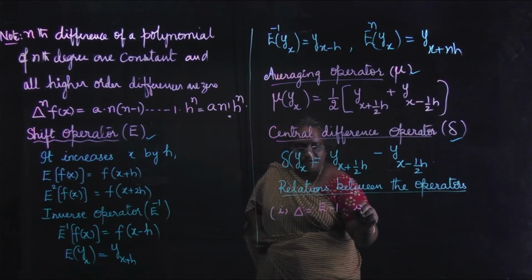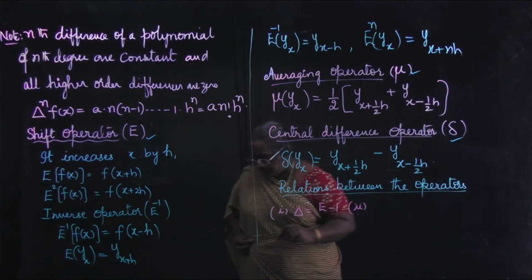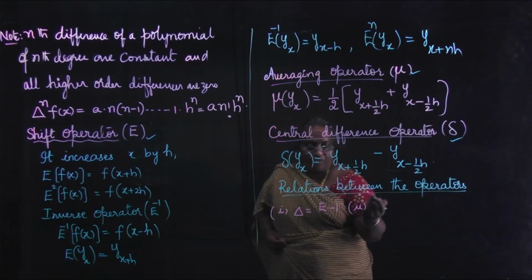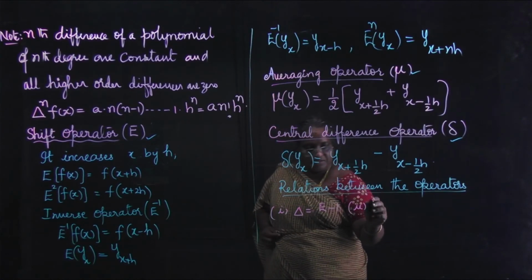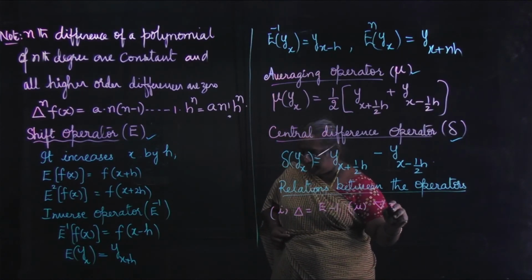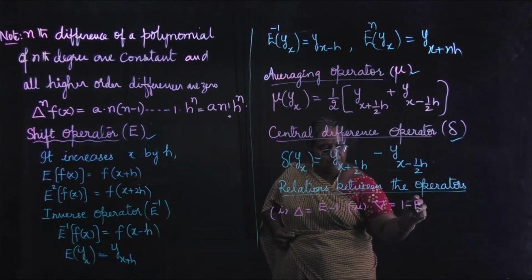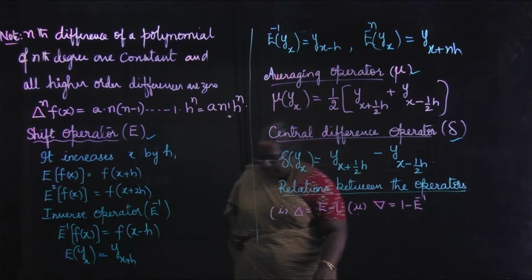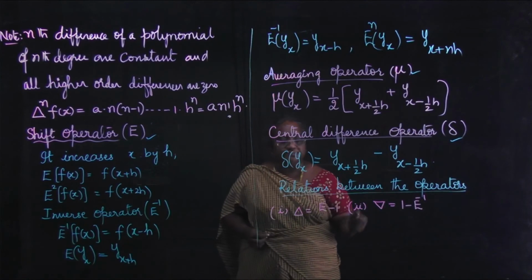Next, the second one: the backward operator is equal to 1 minus E to the power minus 1. Let us see the proof for the first one here.